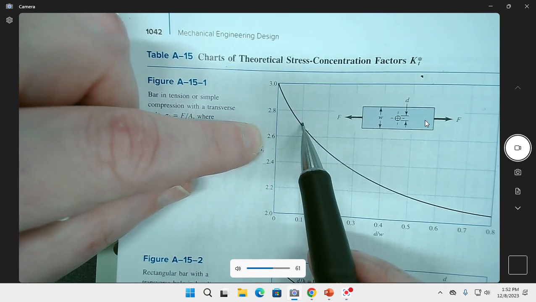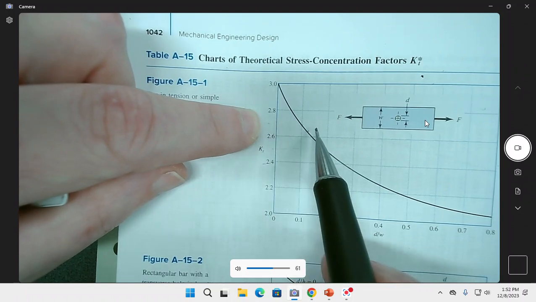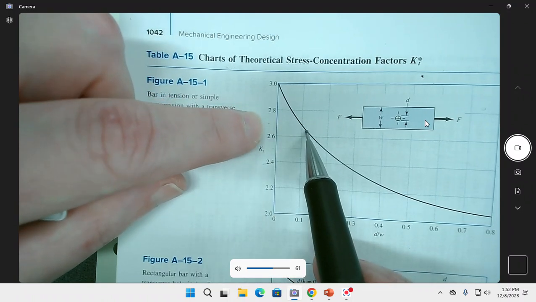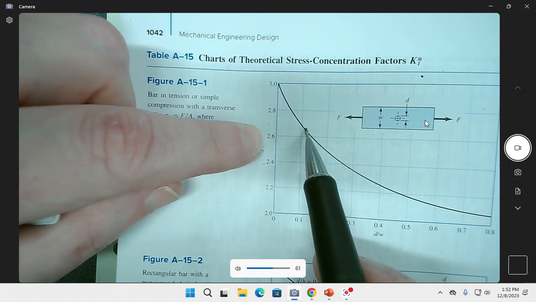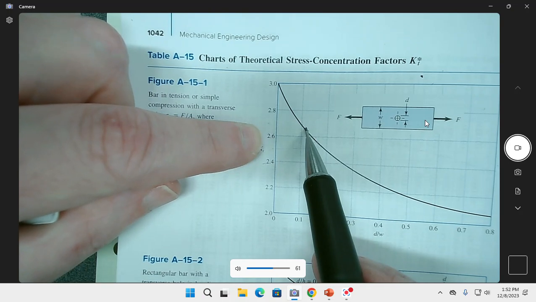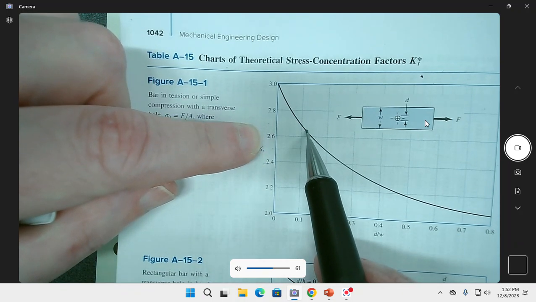I would say that right there is 2.7. So 2.65 or a little bit higher than 2.65. Let's go 2.7. No, that's that 2.7. Let's just go with 2.65.